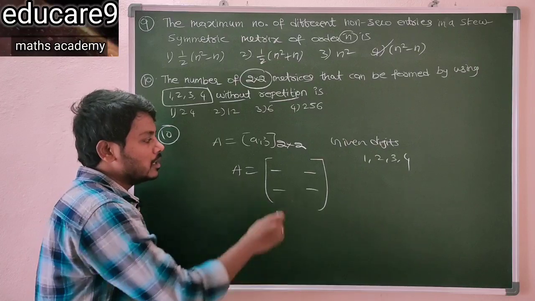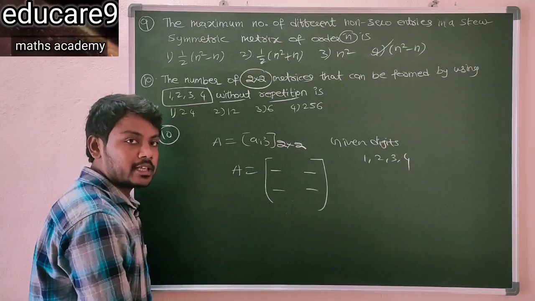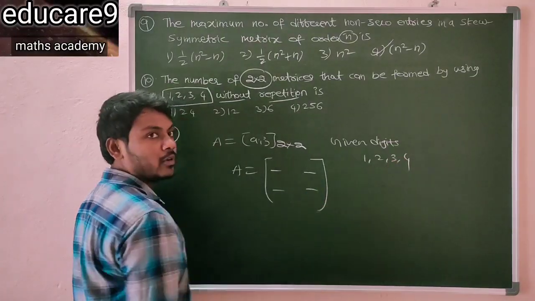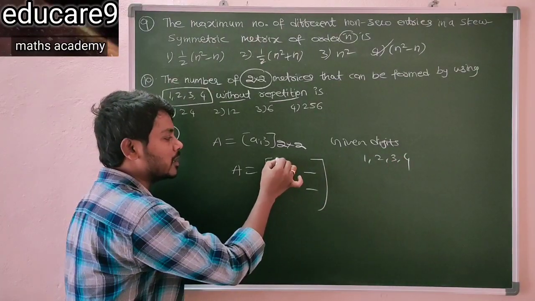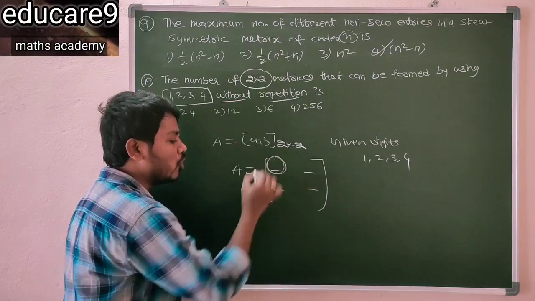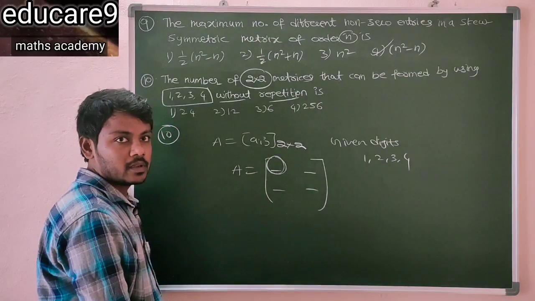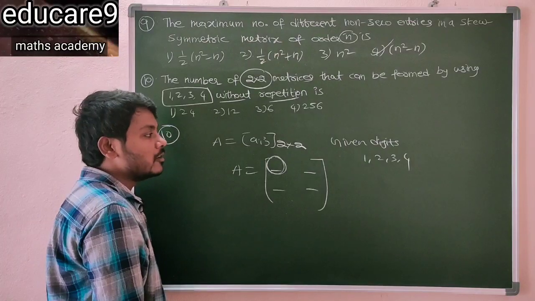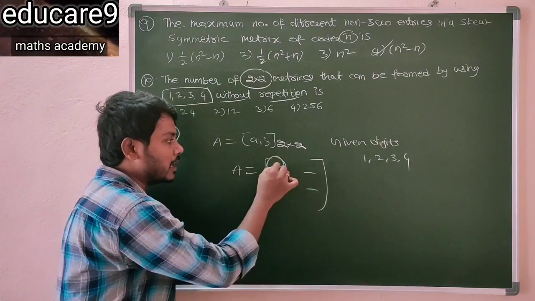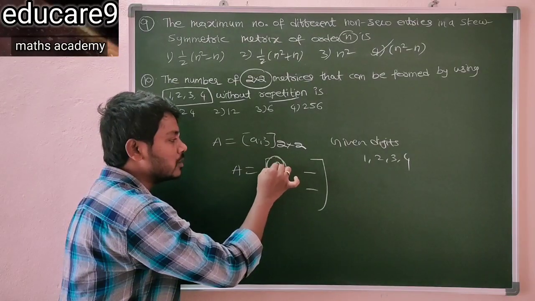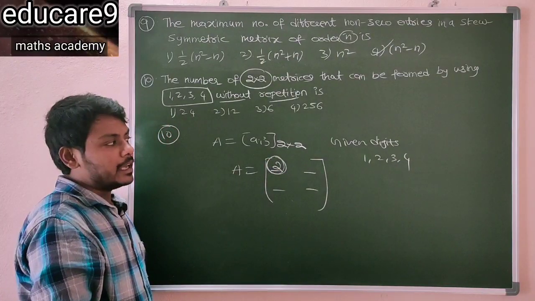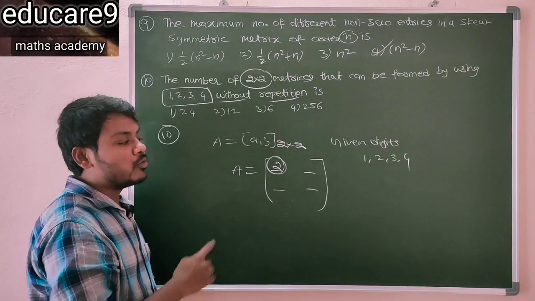See here, in the first place how many chances? 4 chances. So either 1 or 2 or 3 or 4. So clearly in the first place we have 4 chances. So out of 4, 1 is filled. For example, here in the first place the element is 2. And the remaining elements are 1 3 4.